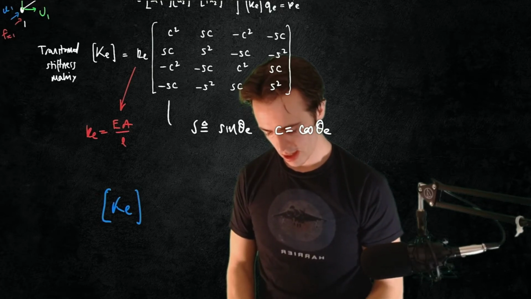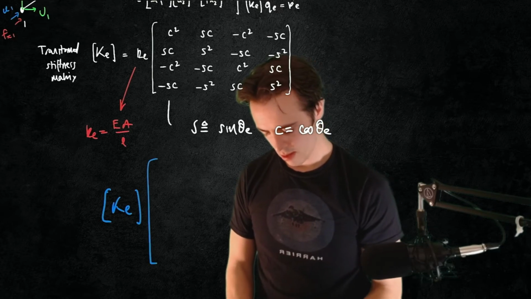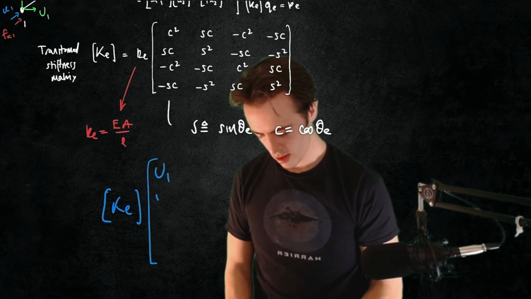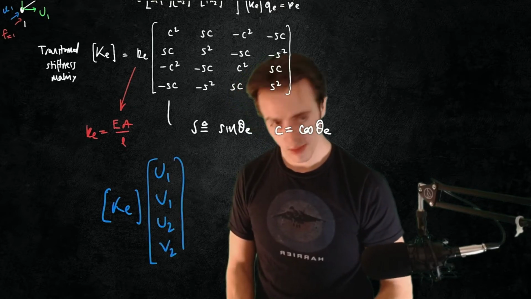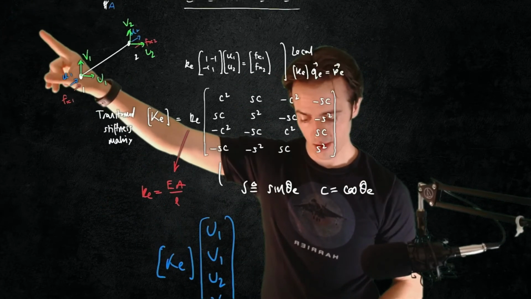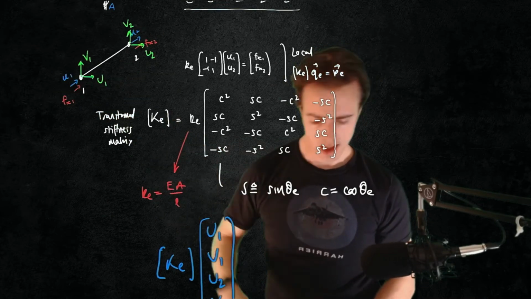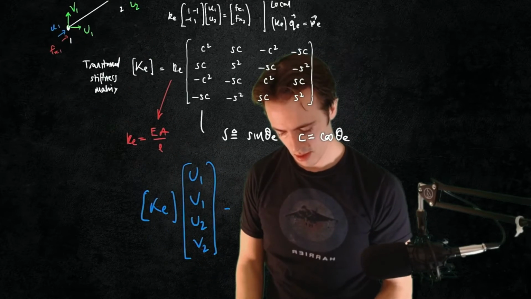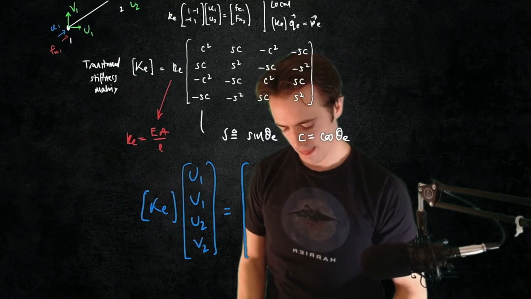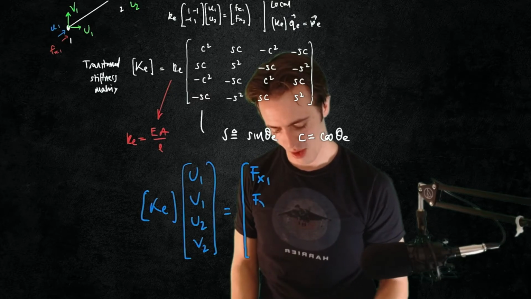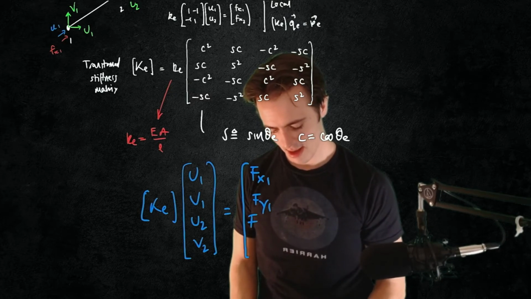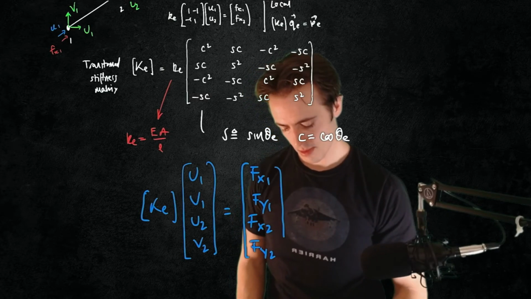K, and then the Q becomes U1, V1, U2, and V2. So that's these U1, V1s, these green things here, which are equal to fx1, fy1, fx2, and fy2.